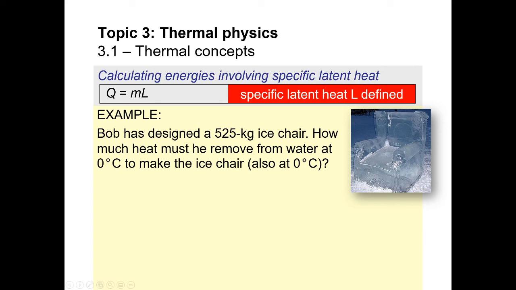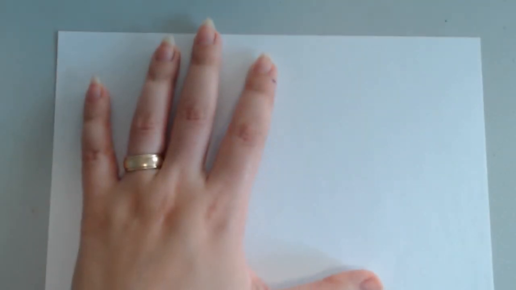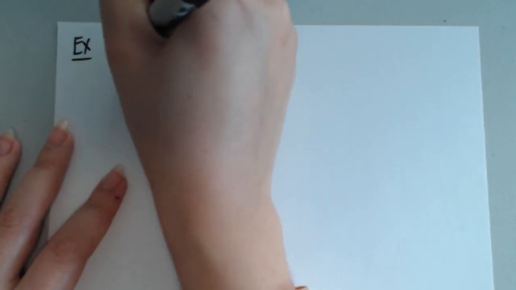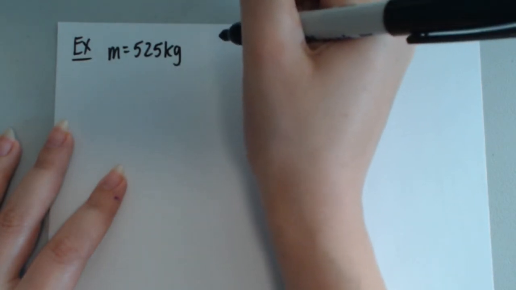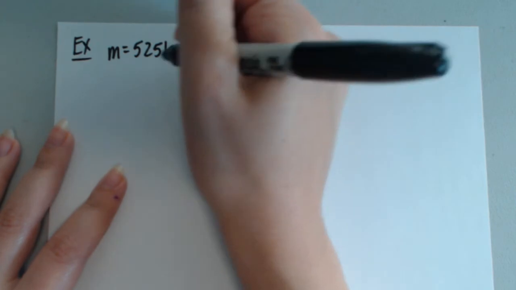Let's go to our piece of paper. Oh, we lost focus again here, so let's focus. Perfect. Okay. So we have a 525 kilogram ice chair. If I have 525 kilograms of ice, that means I have 525 kilograms of water.